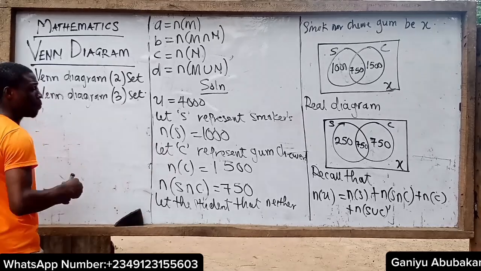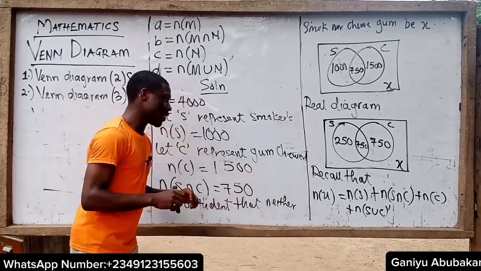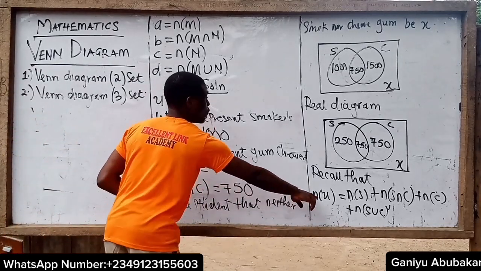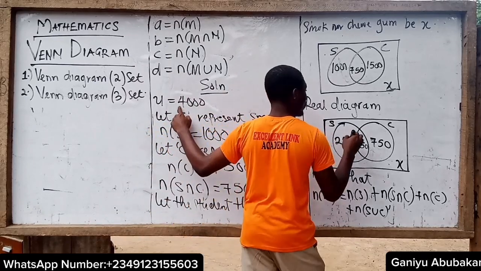From here, if I put in my values, what do I get? N of U is 4000.